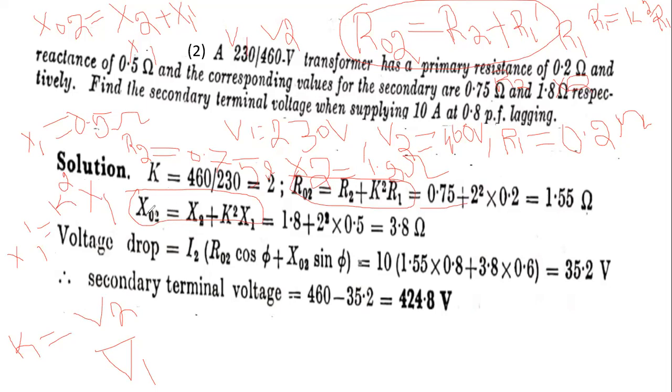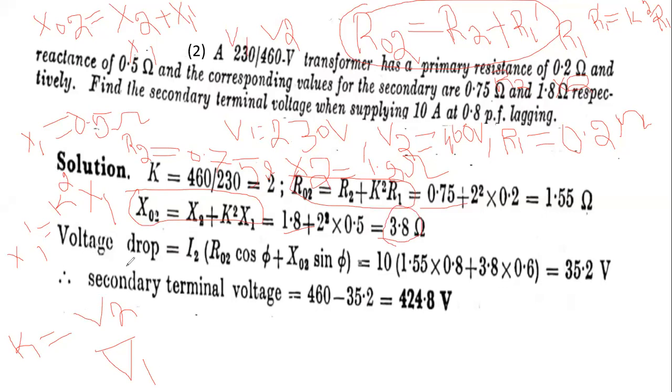That is the equivalent reactance referred to secondary, X02. What is the X2 value? That is the secondary reactance. X2 is equal to 1.8 plus K square, that is 2, into X1, that is 0.5. Then we calculate X02 is equal to 3.8 ohms.